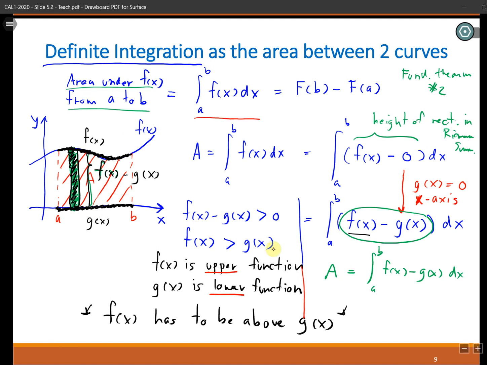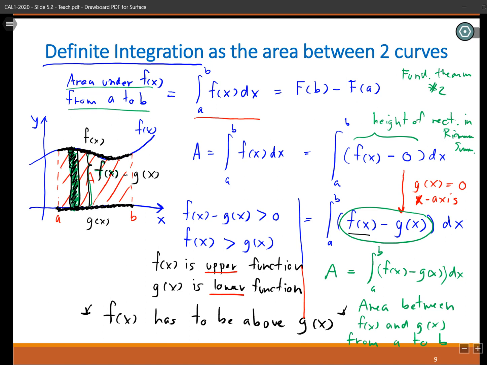The meaning of this is a little bit different from above. This becomes the area between f(x) and g(x). In this case, we have a relation between two functions, f(x) and g(x). And of course, this has to be from one end to the other end, from a to b.